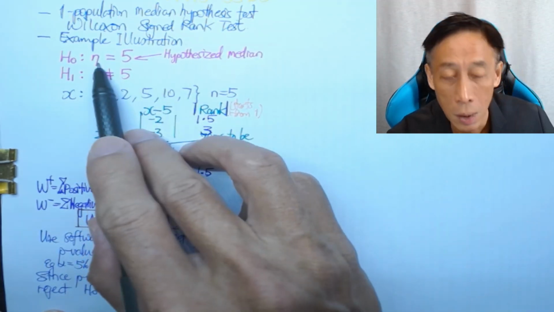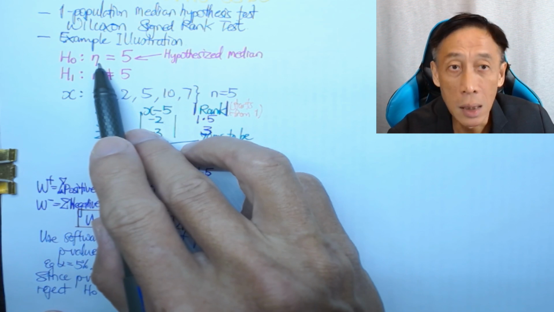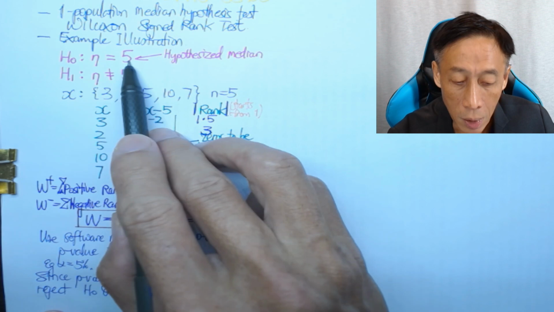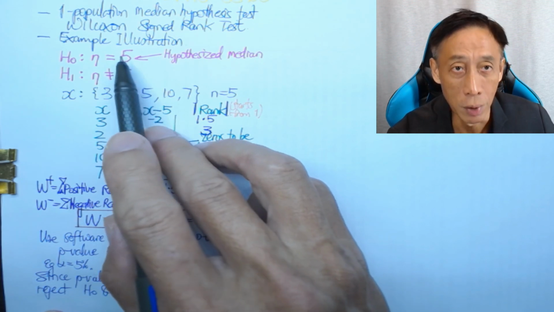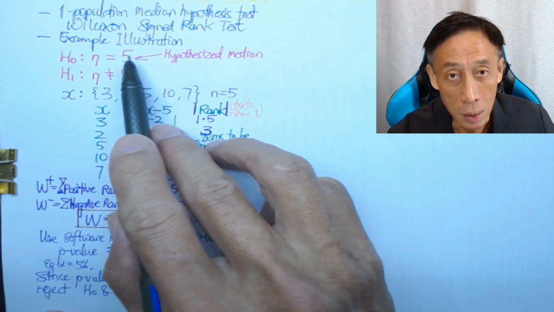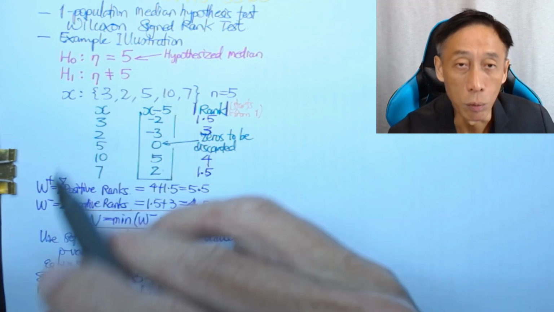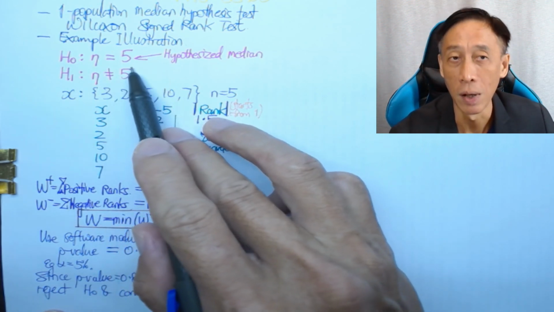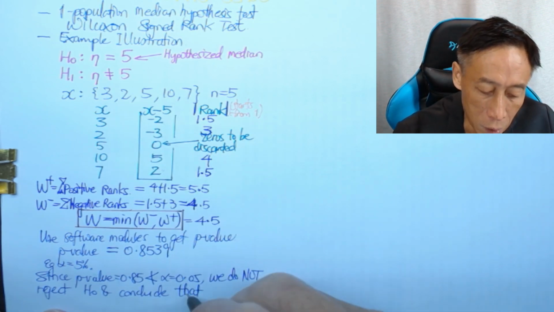If this is about whether the median income of XYZ city is 5,000 US dollars annually or not, and that is the hypothesis, the claim, then we put it in here. 5 doesn't mean 5 units, it means 5K US dollars, so put it in context in the relevant unit.